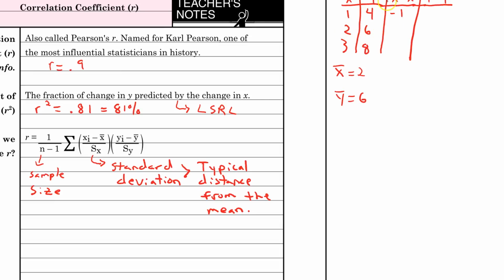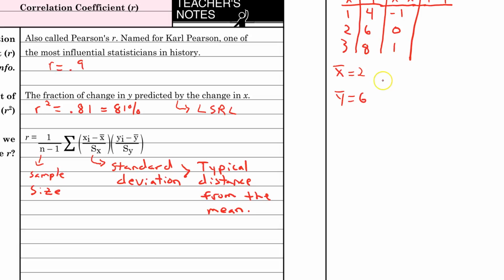Our second x2 minus 2 is 0. Our third x3 minus 2 is 1. Notice if we sum up these differences, they'll sum to 0. That's always the case with regards to the mean. The mean is this special number that takes all of the differences, and if you sum them, they'll sum to 0. Try it with some other value and you will verify that.